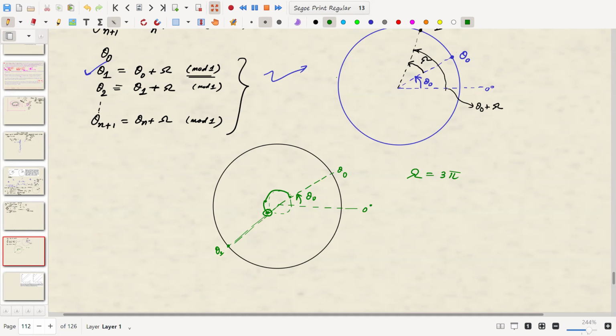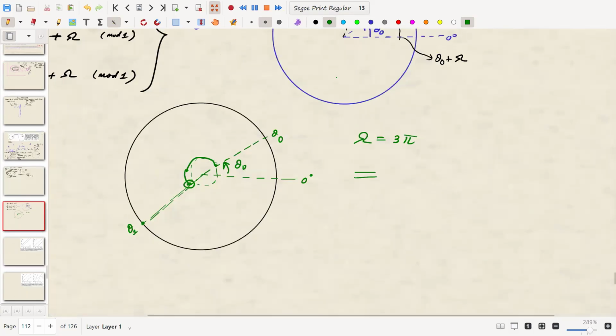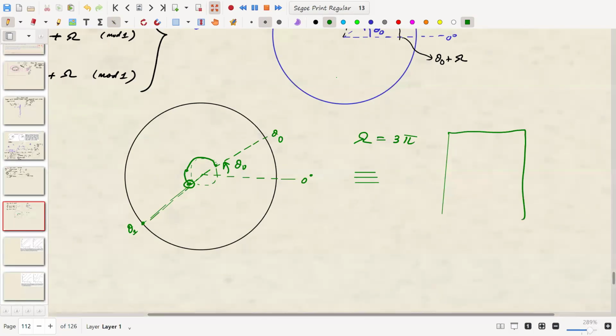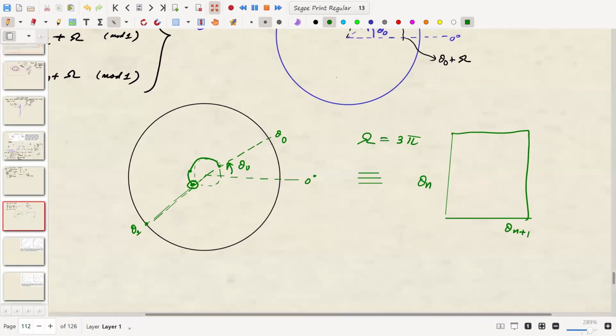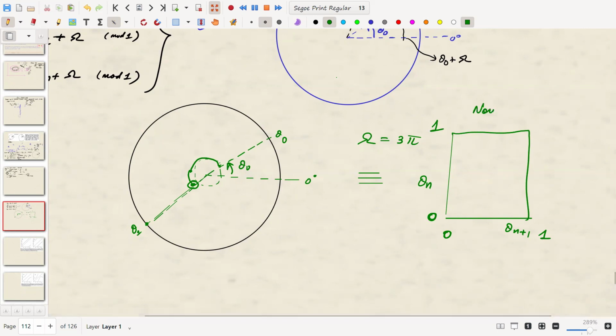Actually, we will not deal with this circle anymore, because you see how much effort you are putting into understanding where the angle went and how much it rotated. Instead, an easier interpretation is to plot theta n plus 1 against theta n, going from 0 to 1. This is the normalized version.